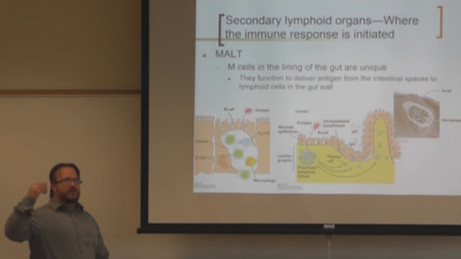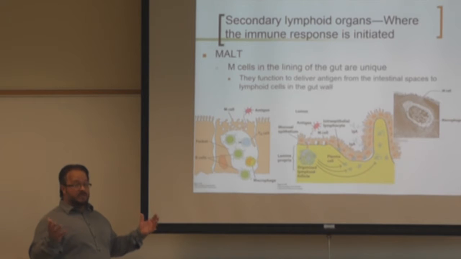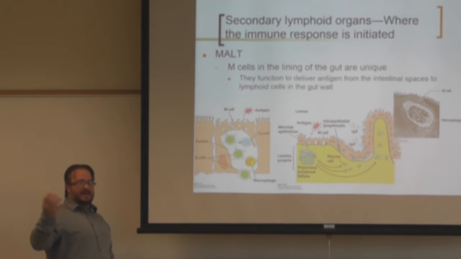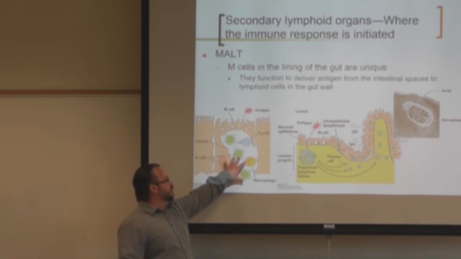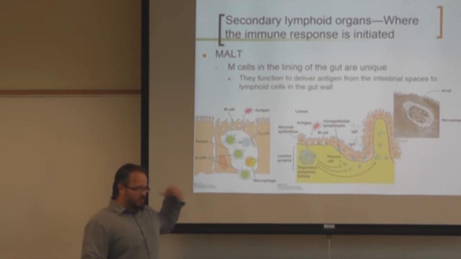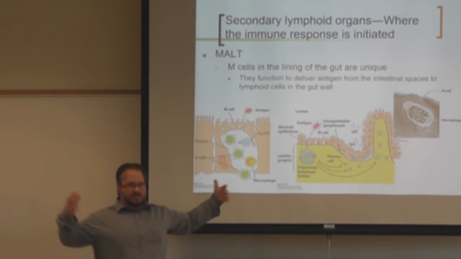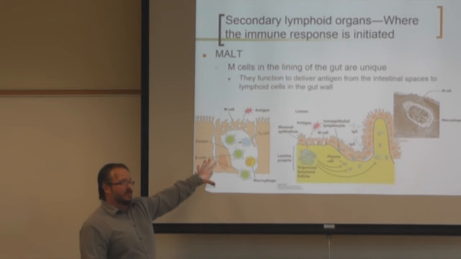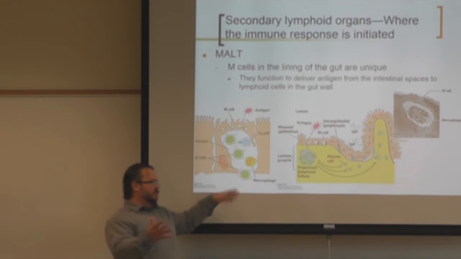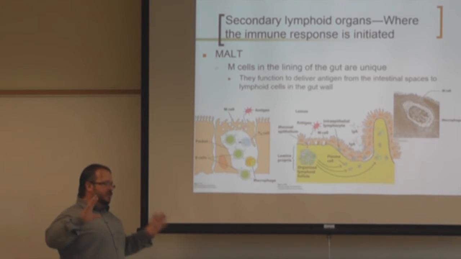The appendix is full of lymphocytes that are maybe suppressive towards a response against bacteria that have never done anything to hurt us. So if a bacteria comes in and it does harm, we're going to mount effector cells, and we're going to know it. If we have a bacteria that's in our gut, because our gut is chock full of bacteria, as long as it hasn't done anything to hurt us, we're like, hey, you can hang out, you can come to our bar, you can drink, you can do whatever, just don't get rowdy.